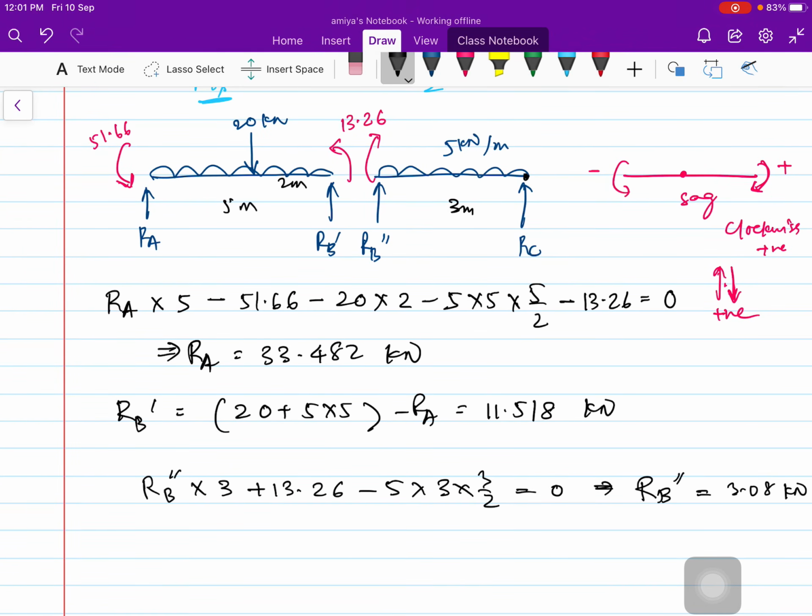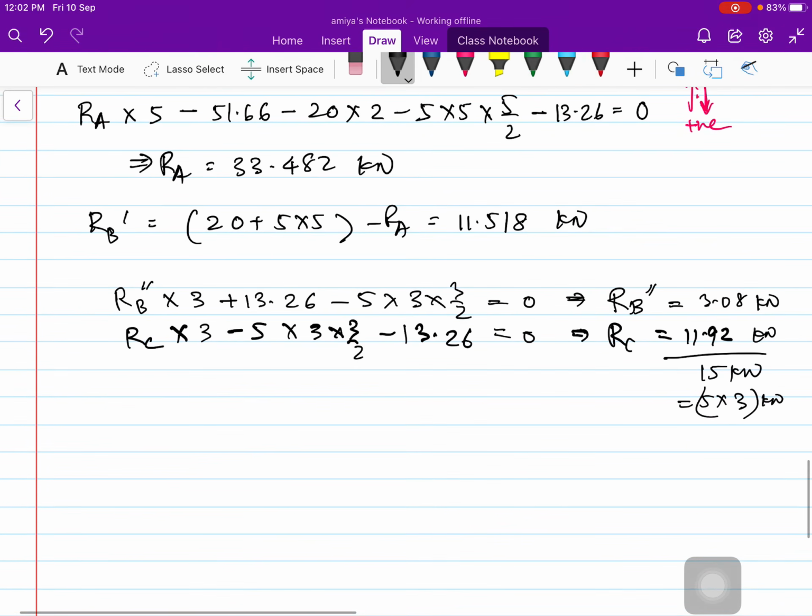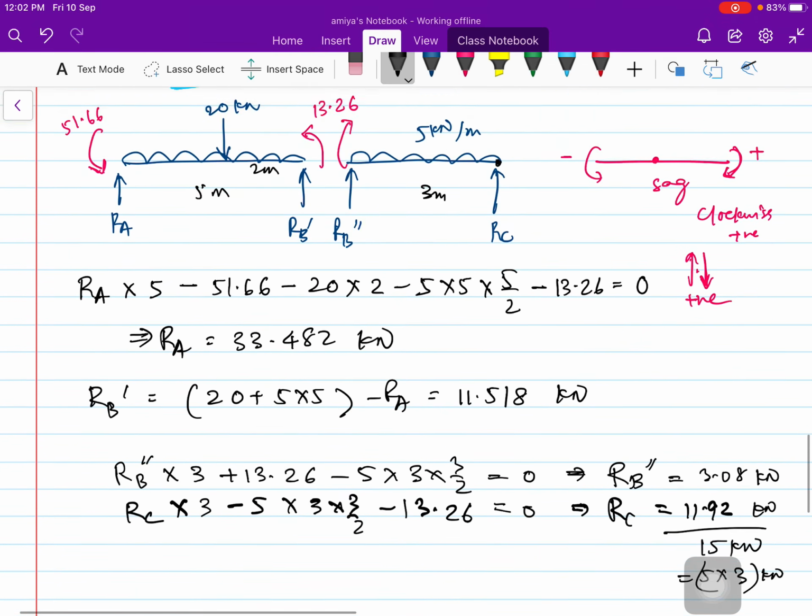Or we can also calculate RC into 3 in the opposite direction, minus the UDL 5 into 3 into 3 by 2, minus 13.26 is equal to 0. This will give RC is equal to 11.92. If you add these two, you get 15 kilonewton, which is the total load 5 into 3. So it is correct. Now let's draw the shear force diagram.